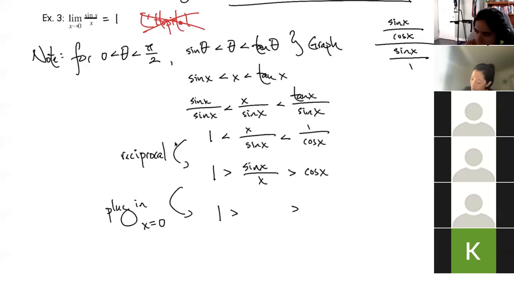Cosine of 0 is 1. Wow. I have these two functions. The one that is the largest has a value of 1. The one that is the smallest has a value of 1. What does the middle one have to be? 1. Has to be 1.